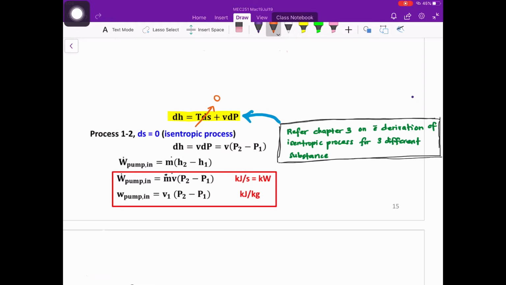Since the pump works isentropically, the term ds will be equal to 0, which leaves us with this expression. If we integrate this expression, we can get this equation. If we substitute the change of enthalpy into the steady flow energy equation for the pump, we are going to get this expression.